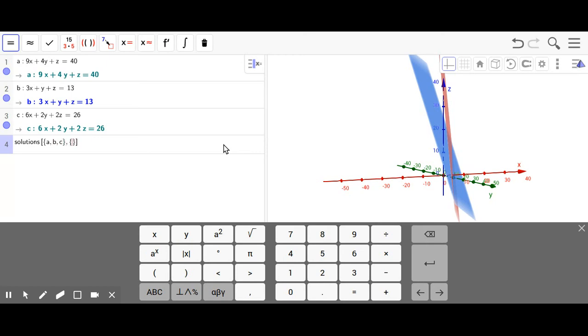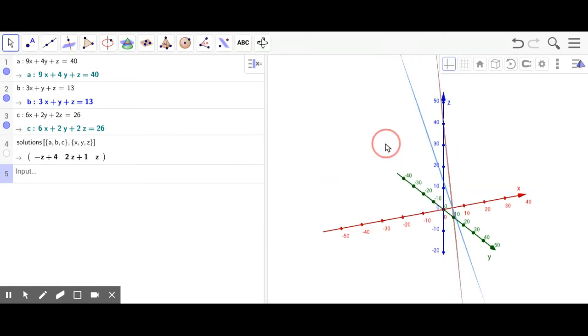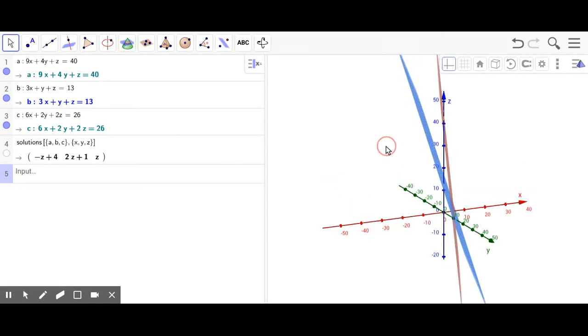So planes 2 and 3 are identical. So if I solve them now, we've got the solution involving z, which means that the equations are intersecting along an infinite number of points, so there are an infinite number of solutions.